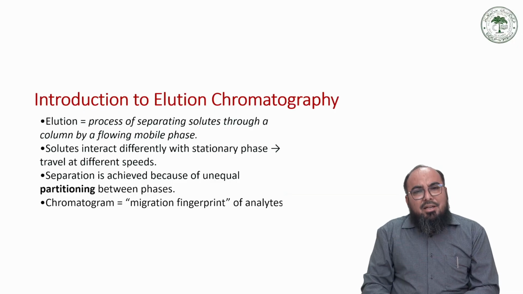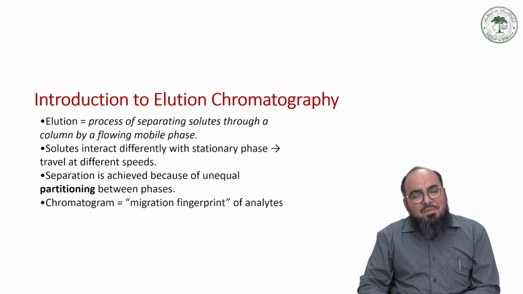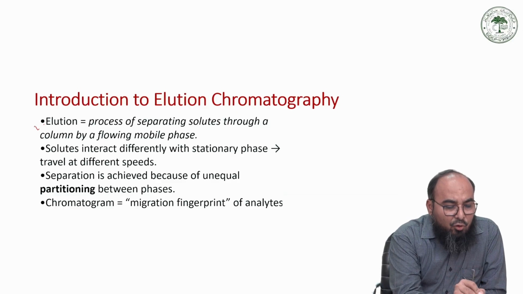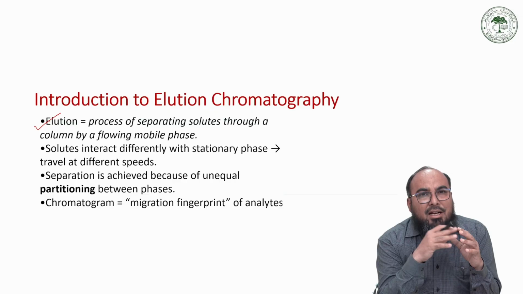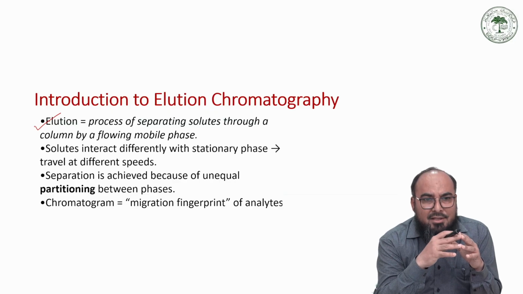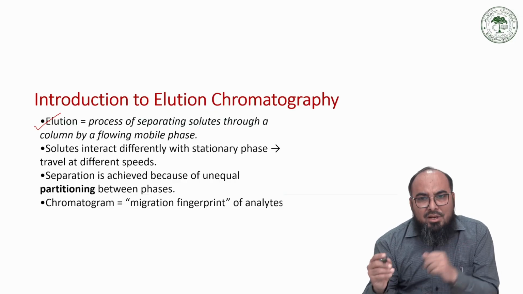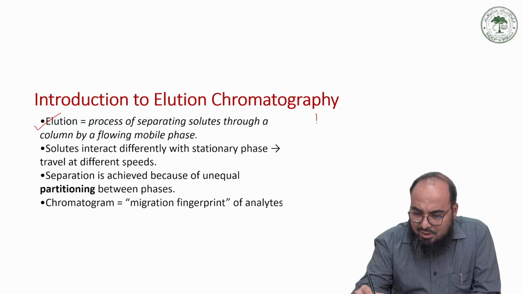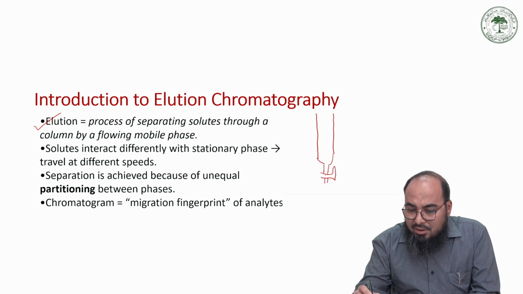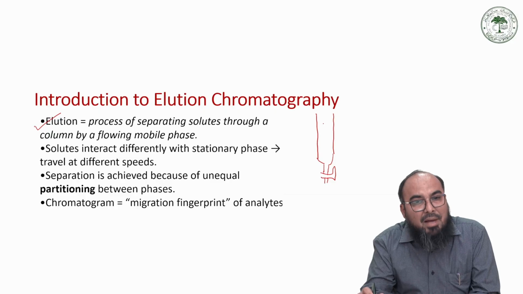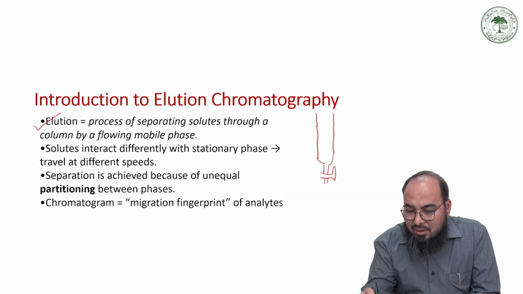As the name suggests, elution may, in simple words, be defined as the washing away of analyte by the continuous application of the mobile phase. For example, consider a simple column. Suppose this column is packed with some stationary phase, which I show with these cross lines.